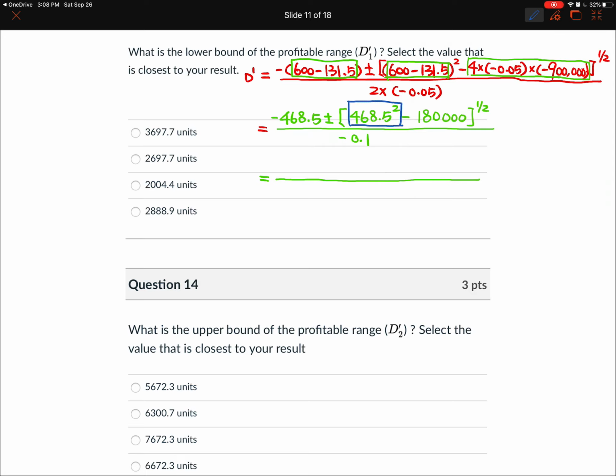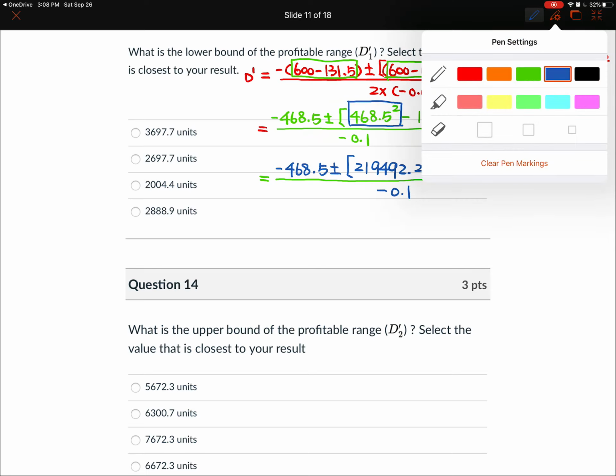Okay, and then we calculate this. Still copy this, leave it there, and then calculate what is 468.5 to the power of 2. That's going to be 219,492.25 minus 180,000, to the power of a half, over negative 0.1.